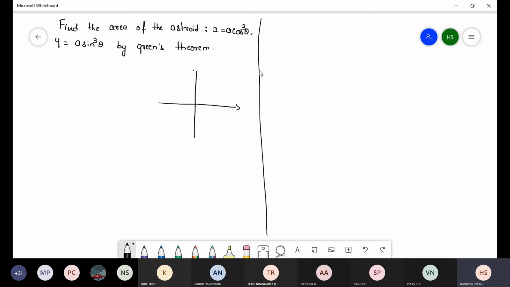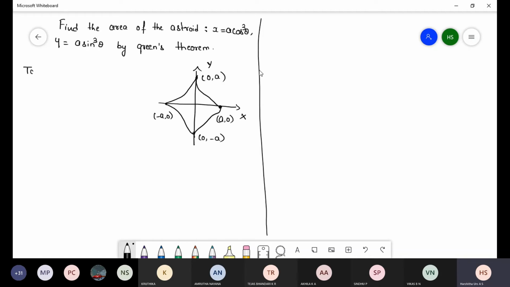Already we have studied the diagram of this particular curve. So I just write, this is the diagram of the asteroid. As they have given x is equal to a cos cube theta, I write here a comma 0, here 0 comma a, here 0 comma minus a and here minus a comma 0.